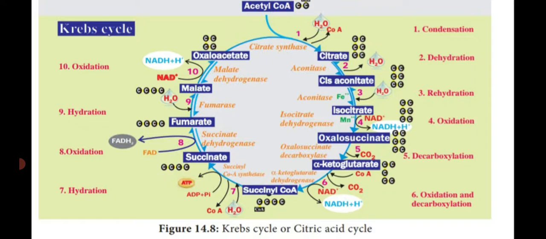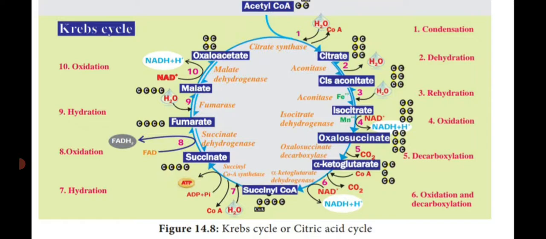Then the newly formed succinyl coenzyme A is a 4-carbon compound. By absorbing one molecule of water, a hydration process takes place in the seventh step, releasing the coenzyme A outside and converting into succinate, a 4-carbon compound, in the presence of the enzyme succinyl coenzyme A synthetase.